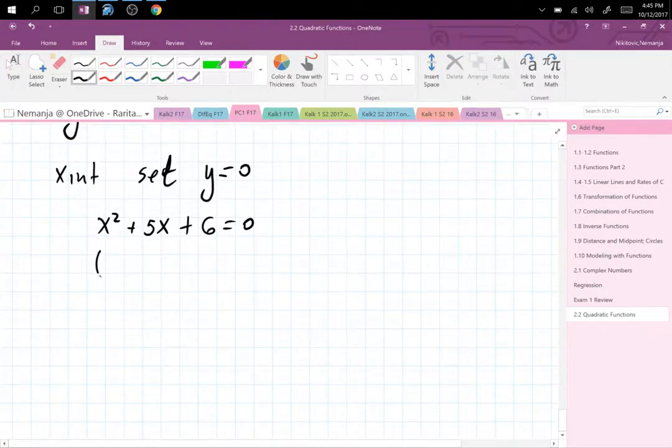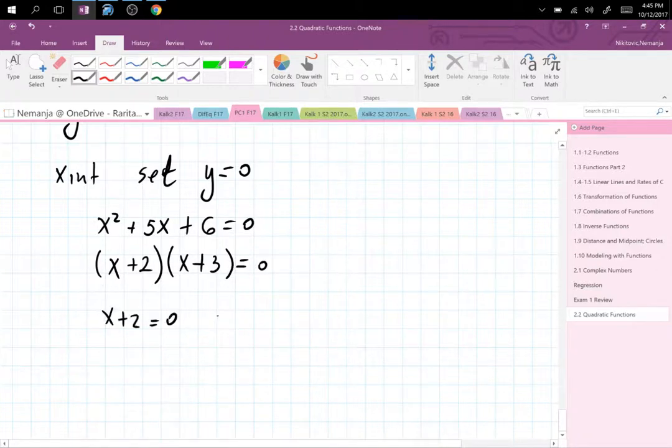So we factor this, we get x plus 2, and x plus 3. Then we use the zero product rule to set each one of these to 0. And we have x is negative 2 and x is negative 3.